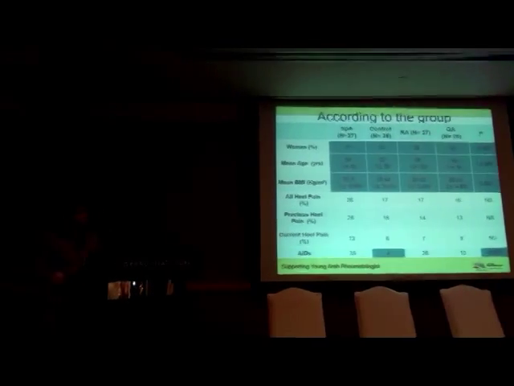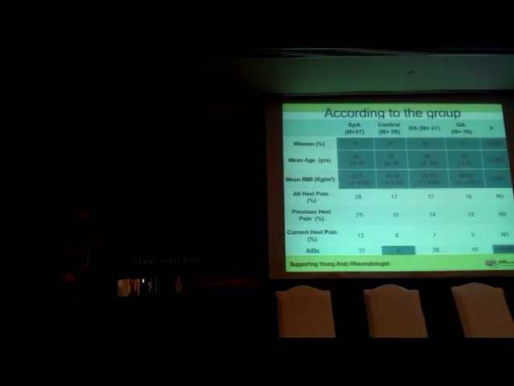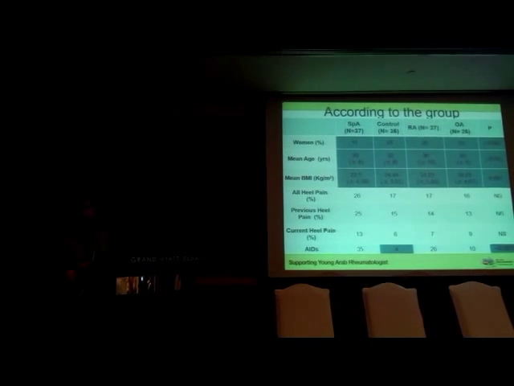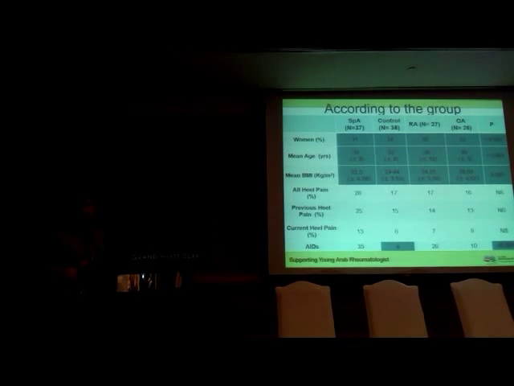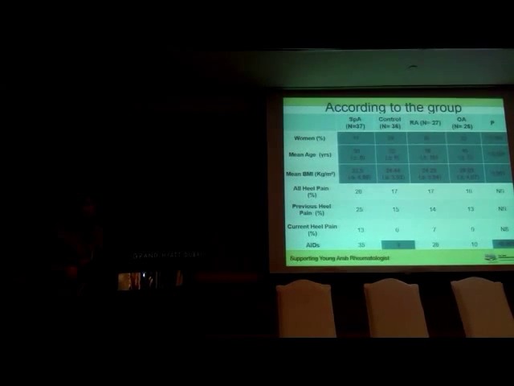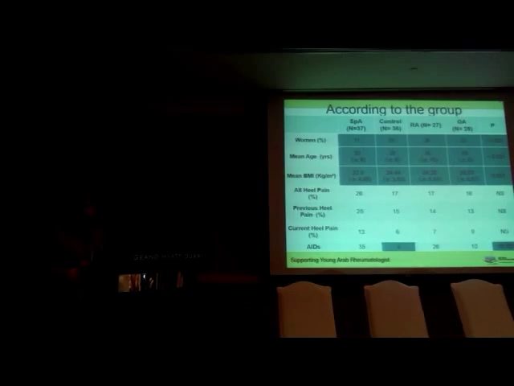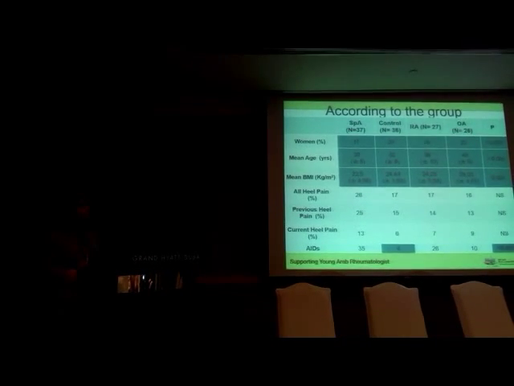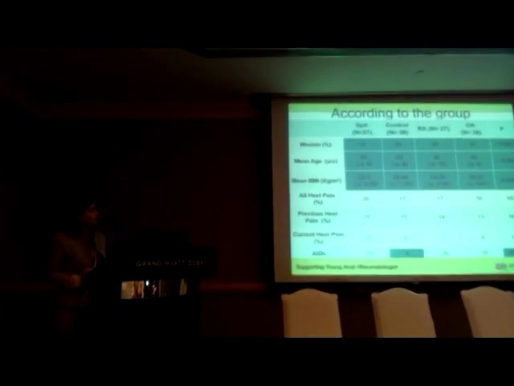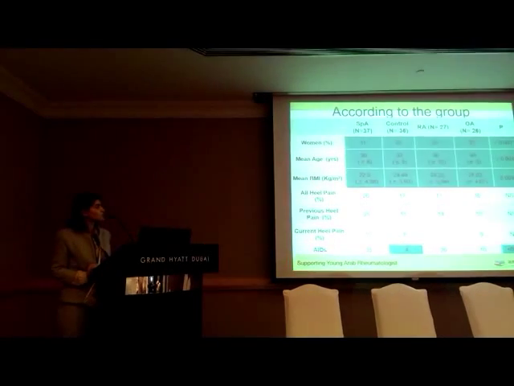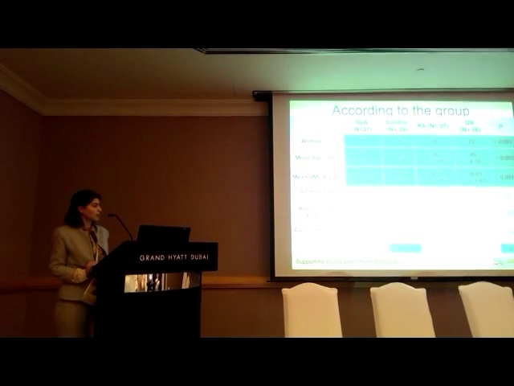Then we compared the groups. For the characteristics, we noted that the four groups were not comparable regarding sex, mean age, and mean BMI, but there was no statistical difference for the presence of heel pain.